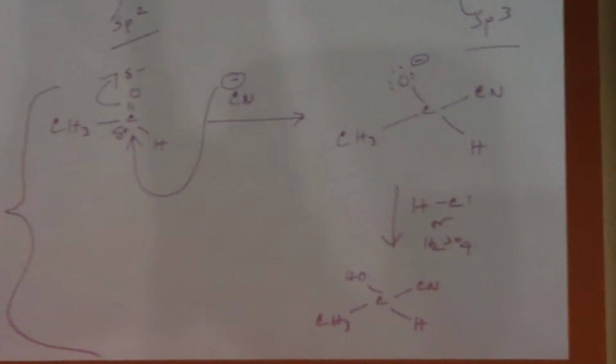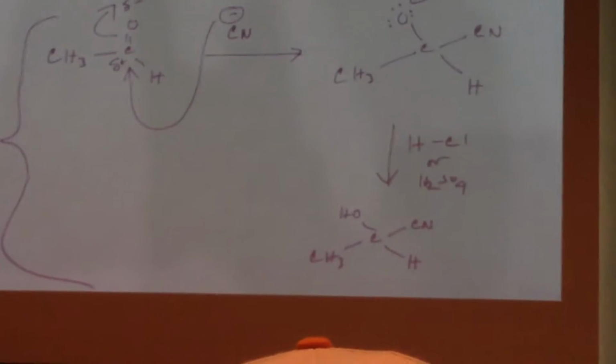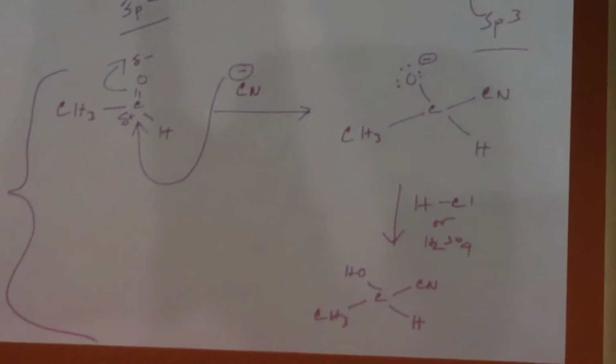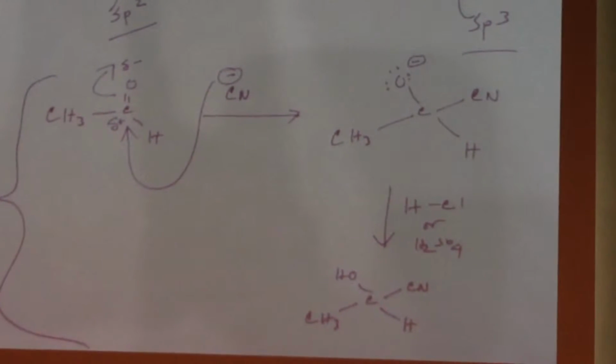So this is a two-step process. You can do this reaction with hydrogen cyanide, but the reaction does not progress very well. In that case, it's much slower because not enough CN minus is present. So this is the ideal way to carry out this reaction.